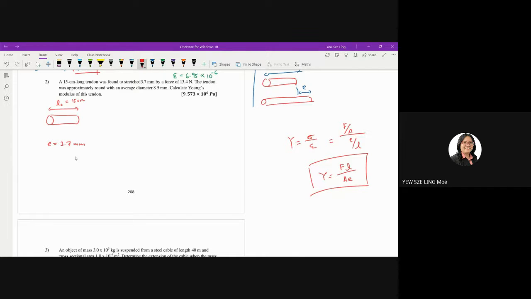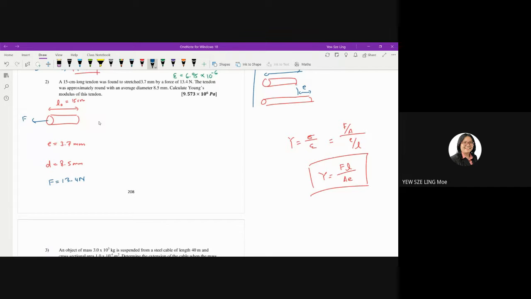And then the diameter given is 8.5 mm. The force acting on the tendon, that you use to stretch it, is the force given: 13.4 Newton. In this chapter, I encourage you to write down everything first. Why?